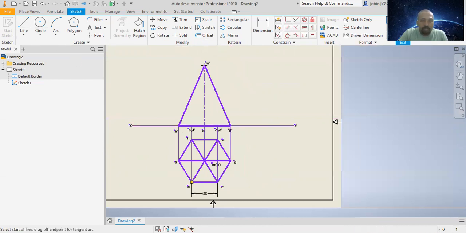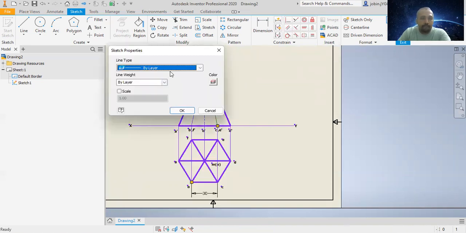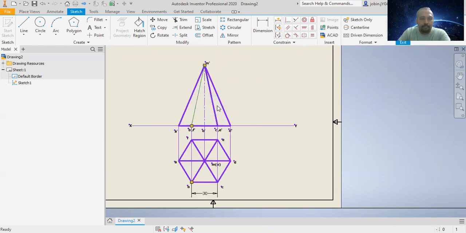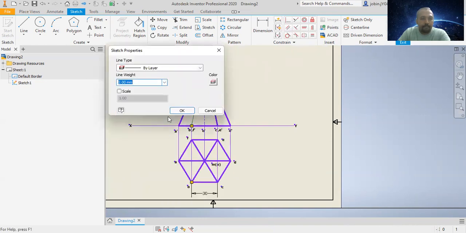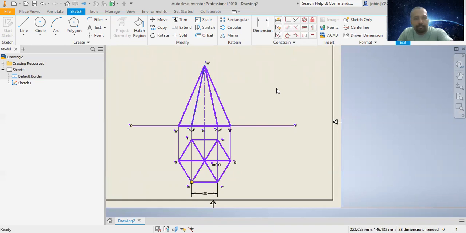Also join m dash with b dash and also m dash with c dash. Okay.